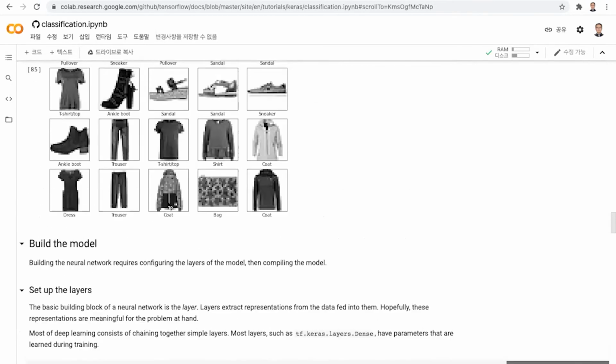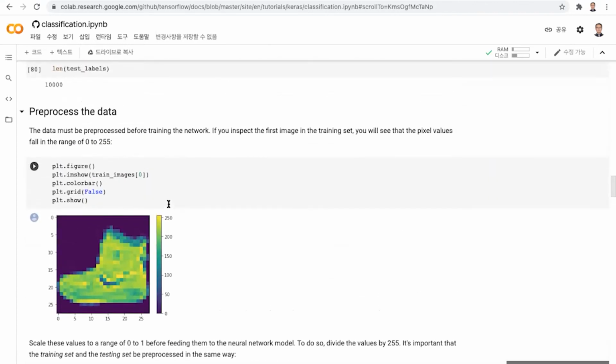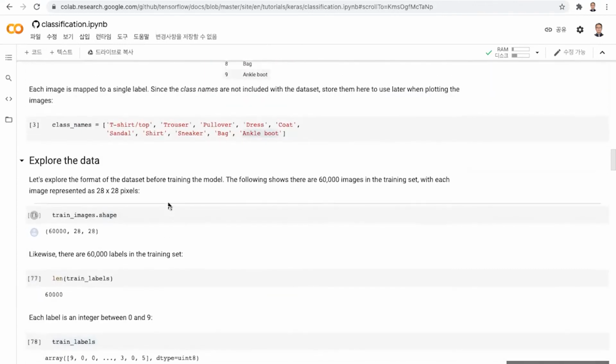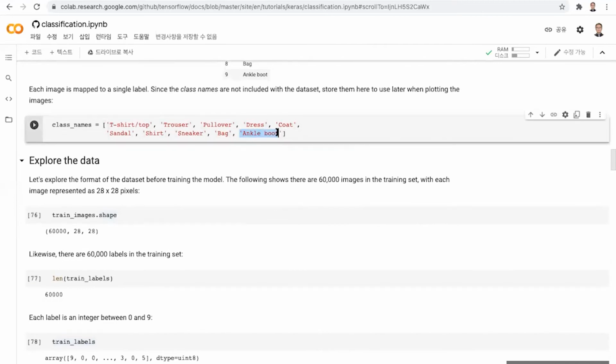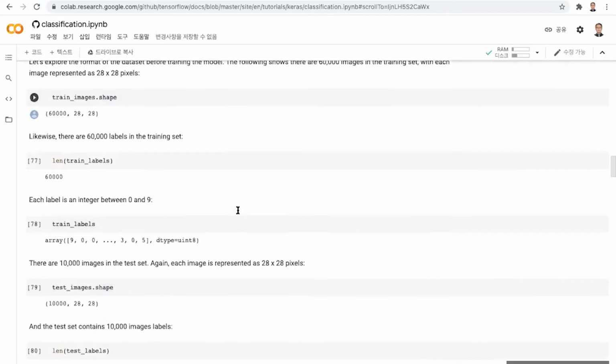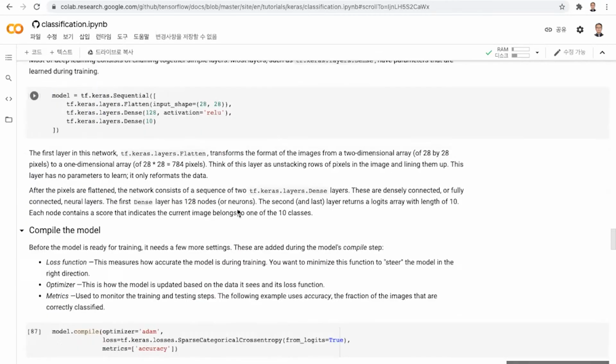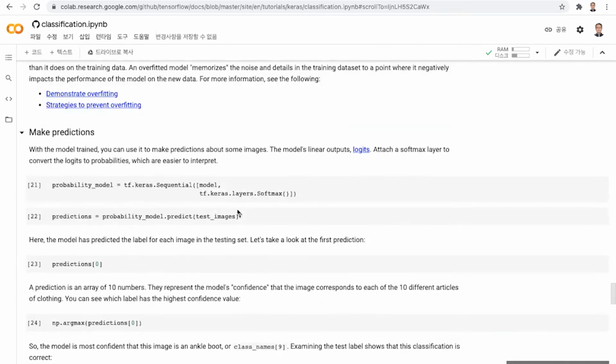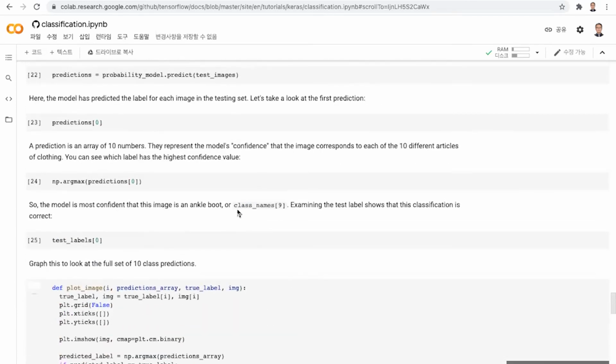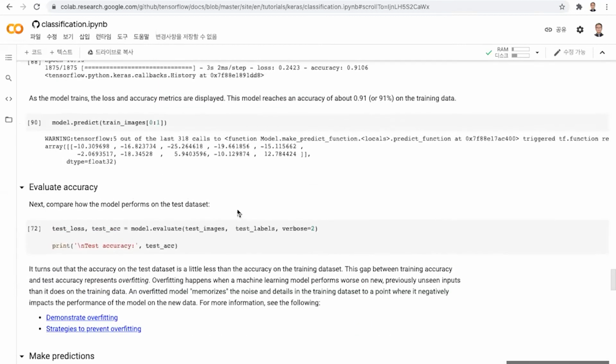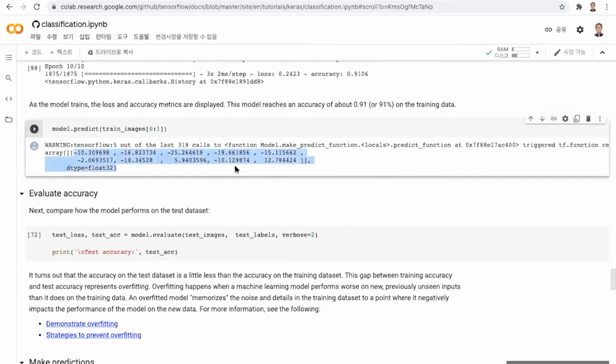Ankle boot was the label, the last one. So from here it's 0, 1, 2, and this is the last one. And if you see these 10 numbers, which one is the biggest one?